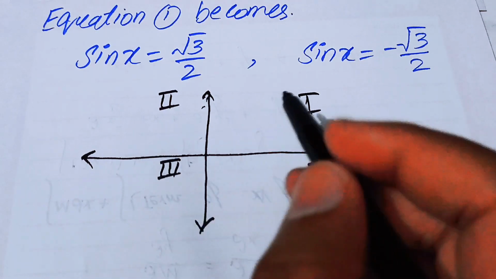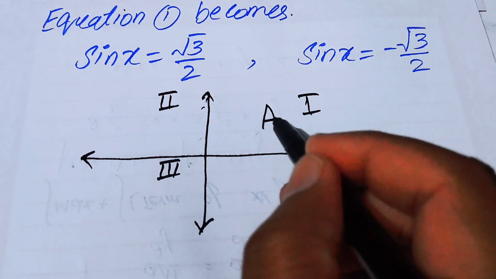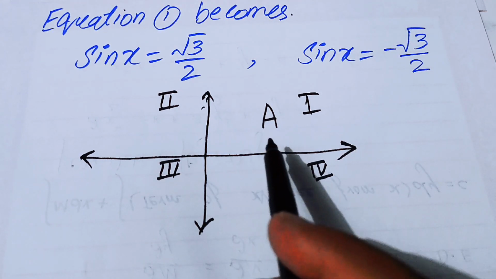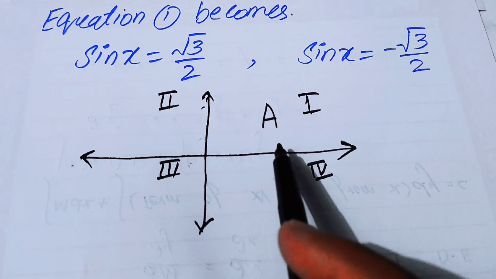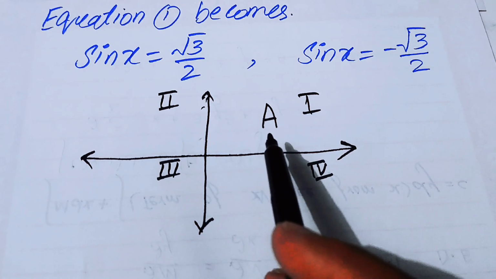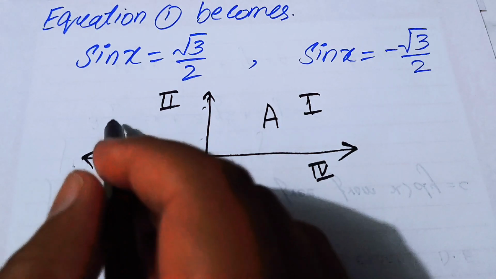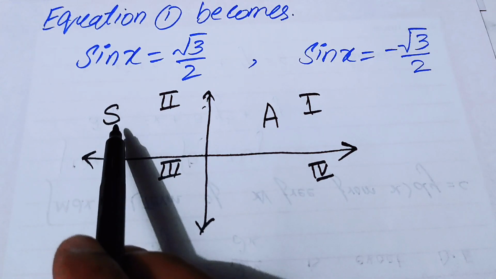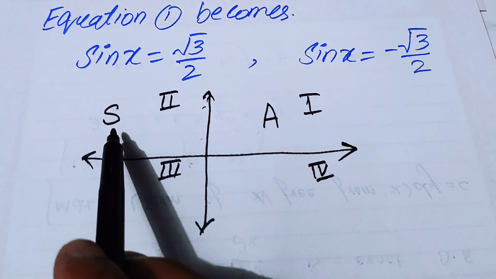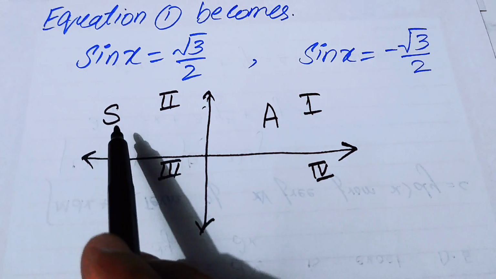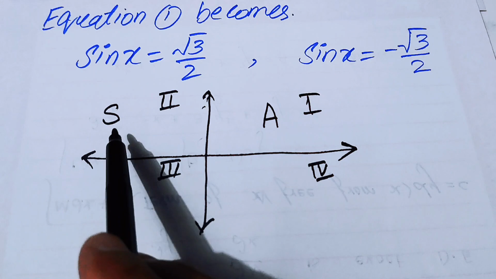In the first quadrant all the trigonometric functions are positive, meaning sin x, cos x, tangent x, secant x, cosecant x, cotangent x, all 6 are positive. In the second quadrant I can write just S. This S means sine and its reciprocal cosecant are positive and all the other trigonometric functions are negative.